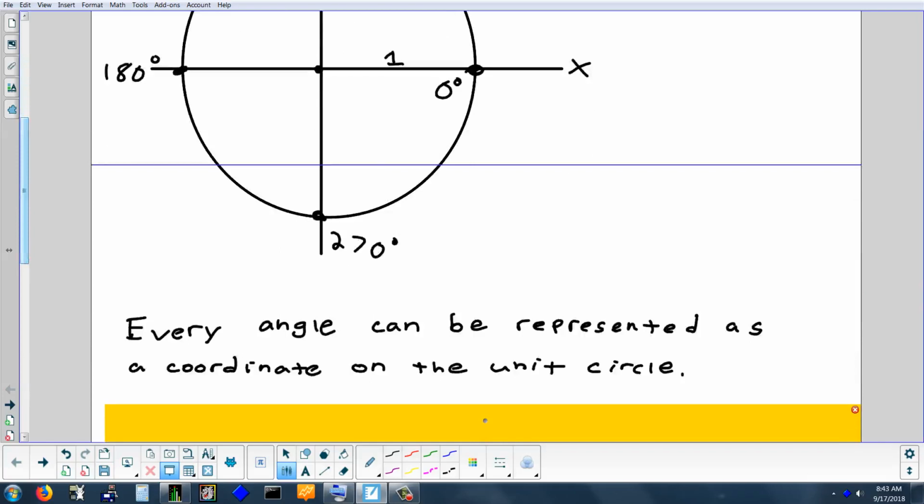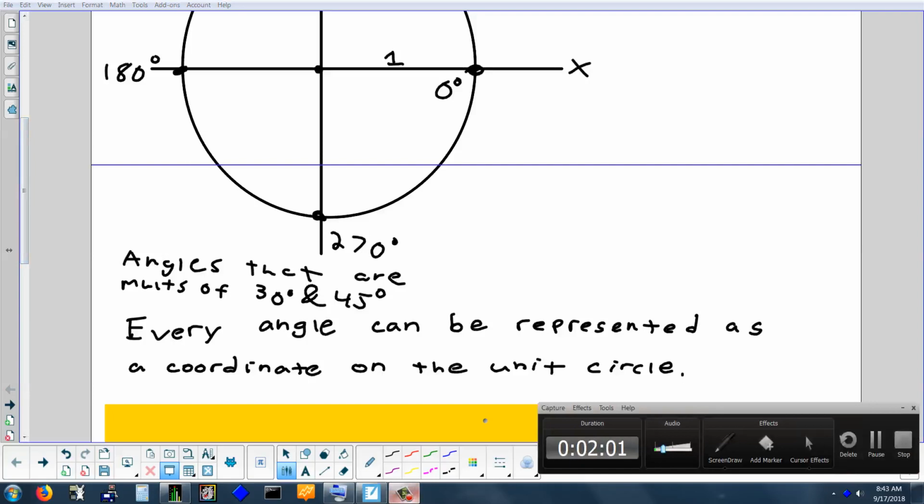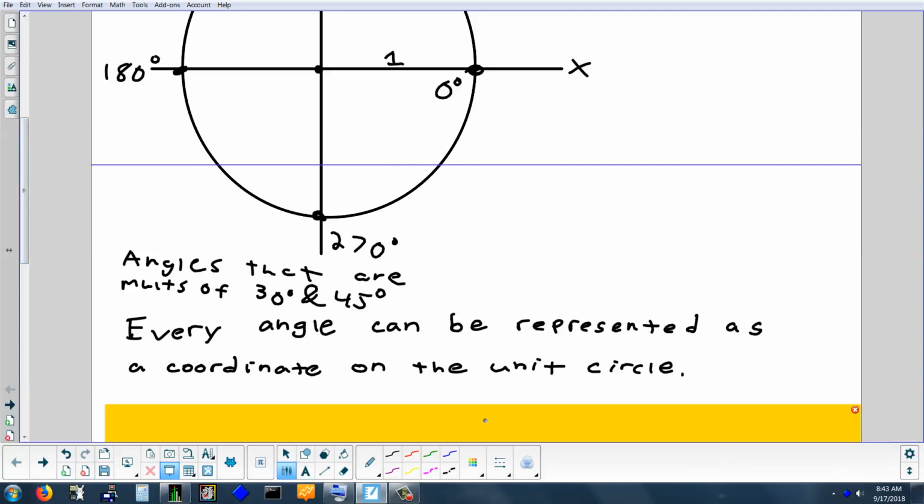Now, when I say every angle, we're only going to work with certain angles. This approach to trigonometry using a unit circle is really only good for angles that are multiples of 30 and 45 degrees. So only angles that are multiples of 30 and 45 degrees.